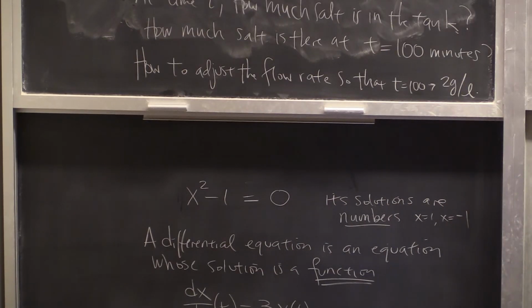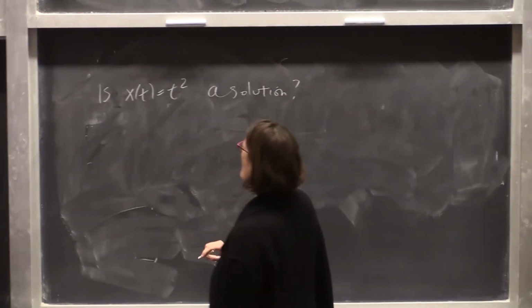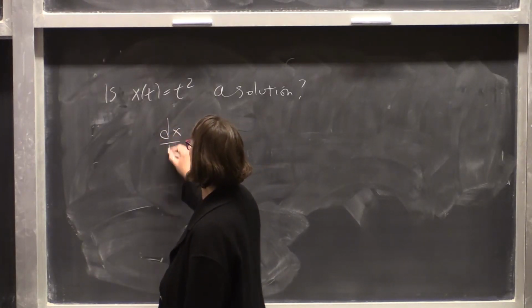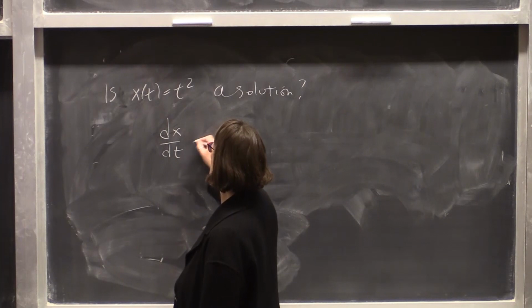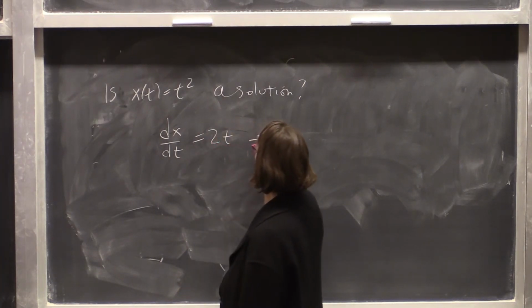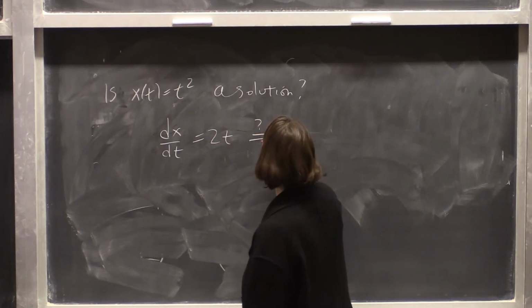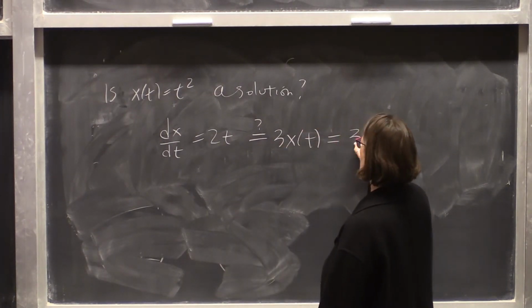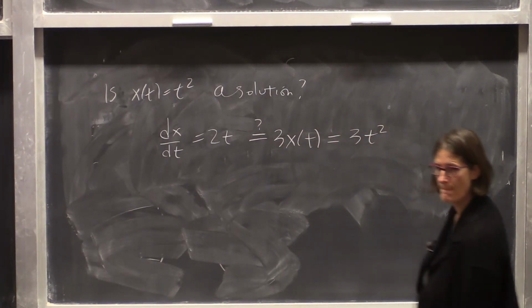So you could ask, is x of t equals t squared a solution? That would boil down to whether dx/dt, which is 2t, equals 3 times x of t, which would be 3t squared.